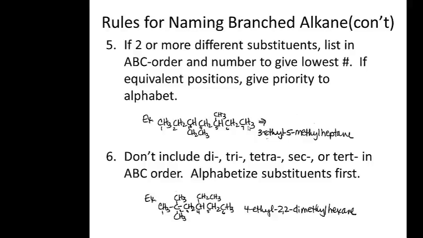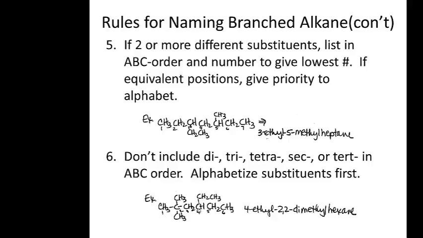When you use this nomenclature, and we're looking at alphabetical order, we don't use the di, tri, tetra, sec, tert prefixes. And so we simply go with the root name of the substituent. So in this example I have a hexane, I have 3 substituents, a set of 2 methyls on carbon number 2 and an ethyl on carbon number 4.